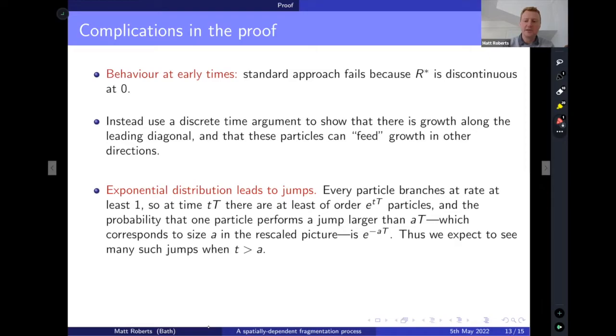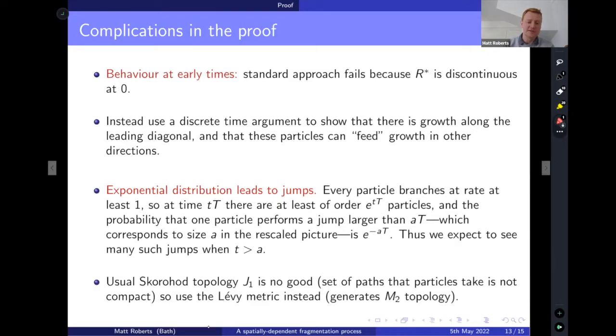And that in particular means that we can't use the Skorohod J1 topology, the standard topology. The nice thing about our setting is that our functions are increasing, so we can use what's known as the Levy metric, which generates the Skorohod M2 topology.